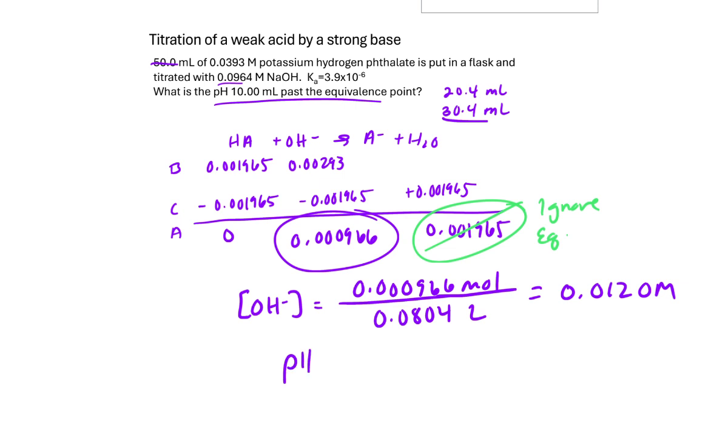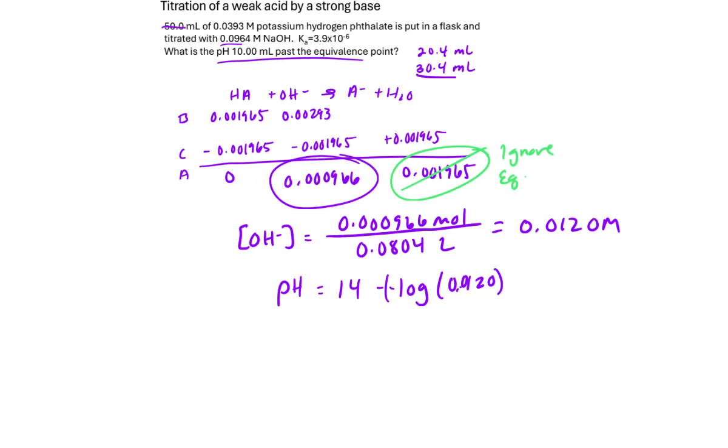To find the pH, we'll do 14 minus the pOH, which is minus the log of 0.012, and we'll end up with a pH of 12.08. So again, a very basic pH after the equivalence point.